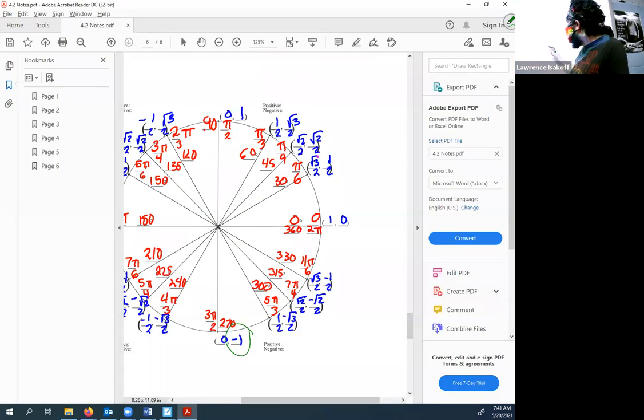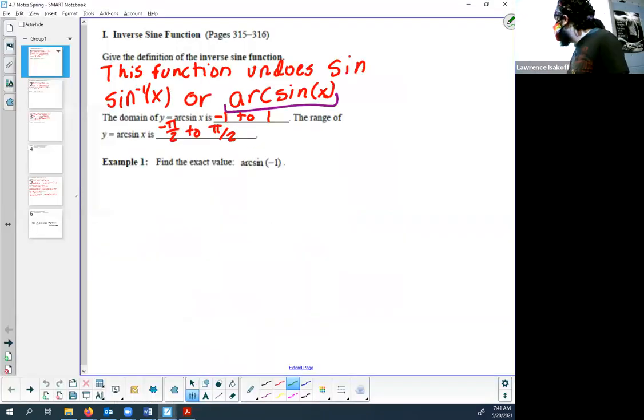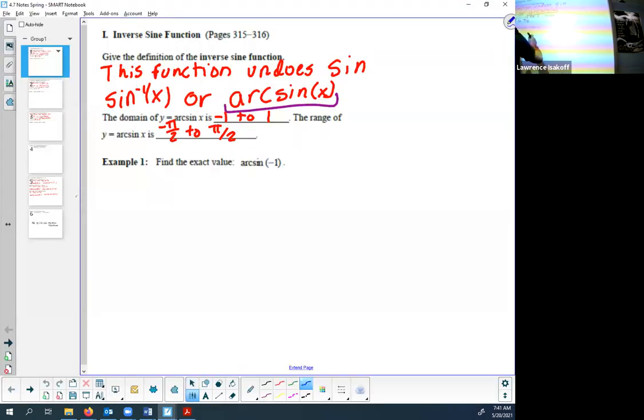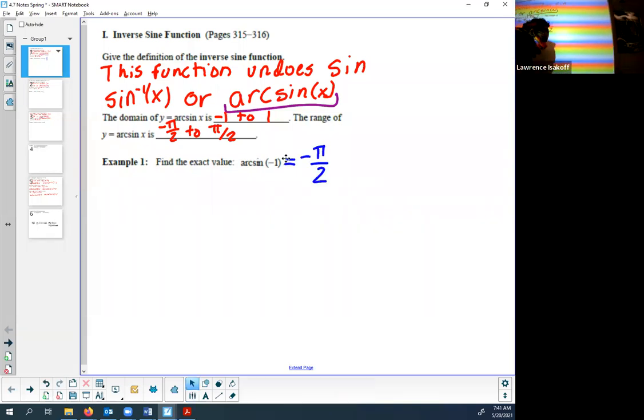So I'm going to say I just went in the negative direction here. Instead of positive 3 pi over 2, in the negative that'd be -pi over 2. So this exact value is -pi over 2.